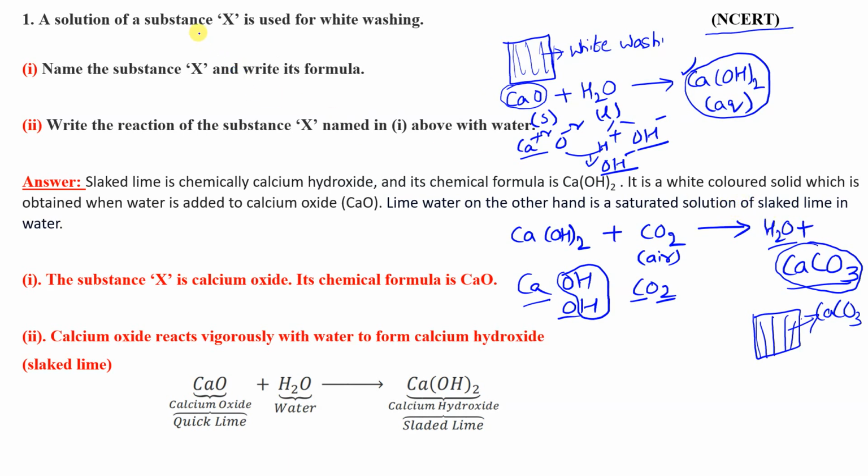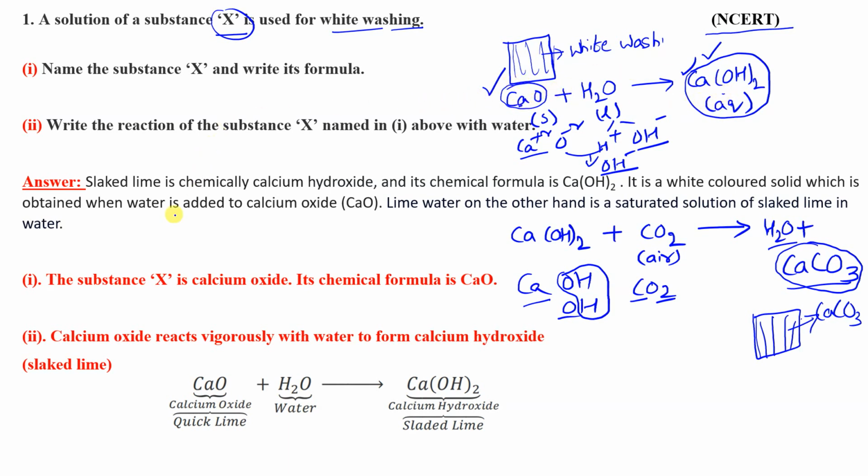Now let's see the question. A solution of a substance X is used in whitewashing. We are applying calcium hydroxide on the walls. But the question is, a solution of a substance X. It is a solution I am going to apply on the walls, but he is asking which substance this solution came from. Calcium oxide. So X is the substance whose solution is used.